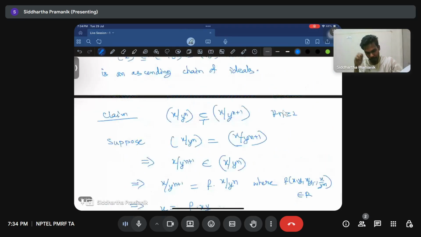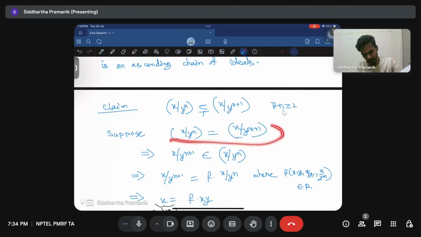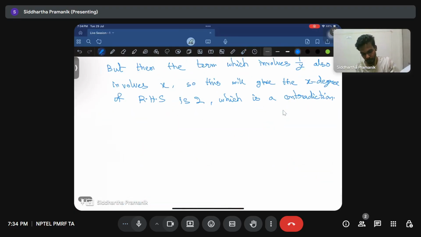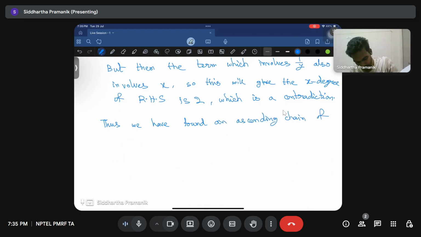So that means this equality cannot hold. Thus, we have found an ascending chain of ideals in R, which never stabilizes.